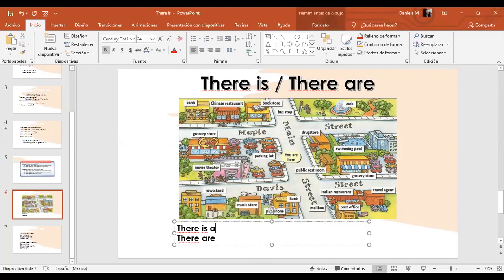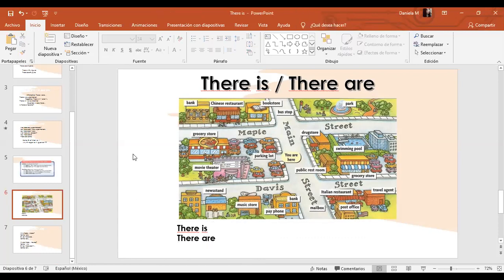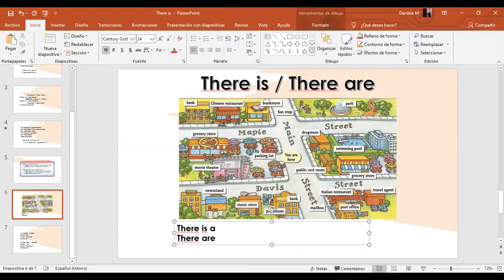There is a park because we just have one. There is a park. What about, for example, bookstores? Exactly. There is a bookstore because we just have one.